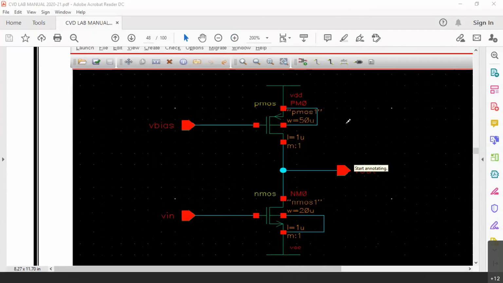Let me annotate. We are using this as a resistor, right? We are using the P MOSFET as a resistor. Now, when we increase this from minus 2.5 to plus 2.5, gradually we expect the NMOS to completely turn on, right?